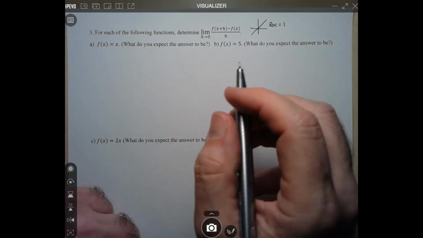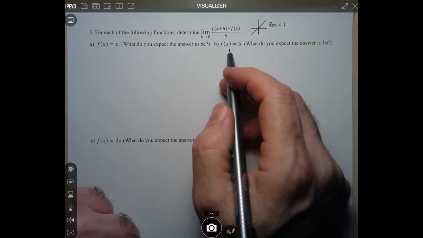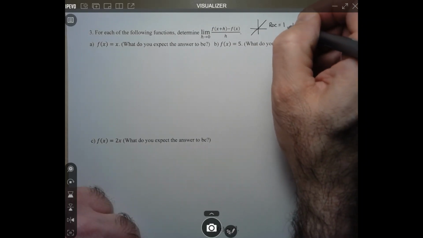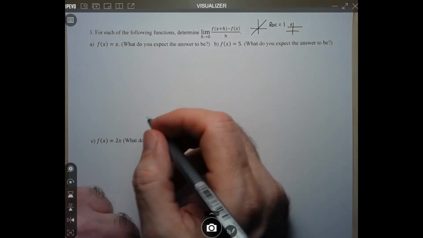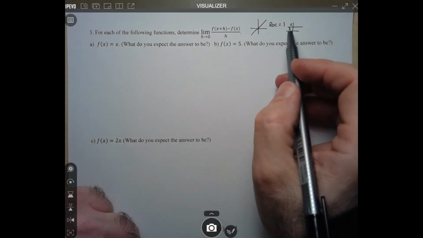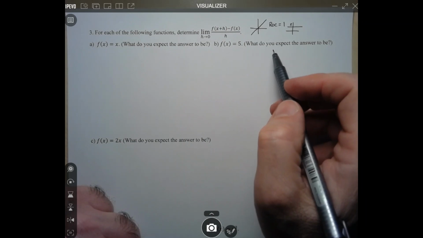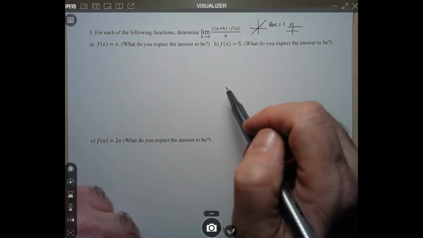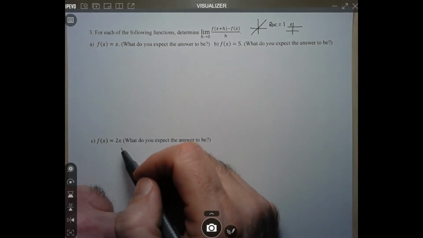Let's take a look at this one here. f at x is equal to 5. That's just a horizontal line. So what should the function that gives me the rate of change be? Well, it should just be 0, because the rate of change is always 0. And similarly here, what should the answer give me?